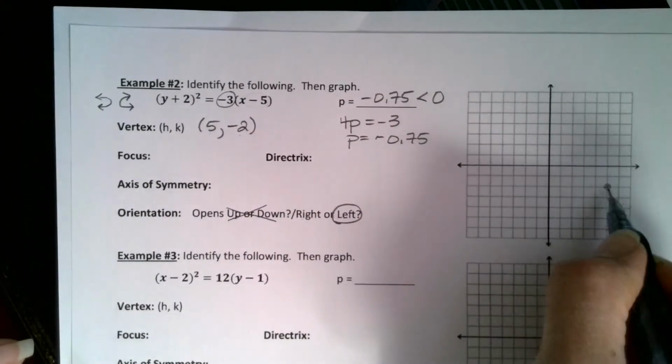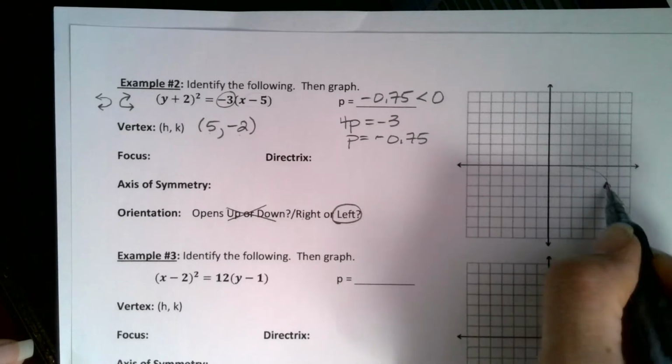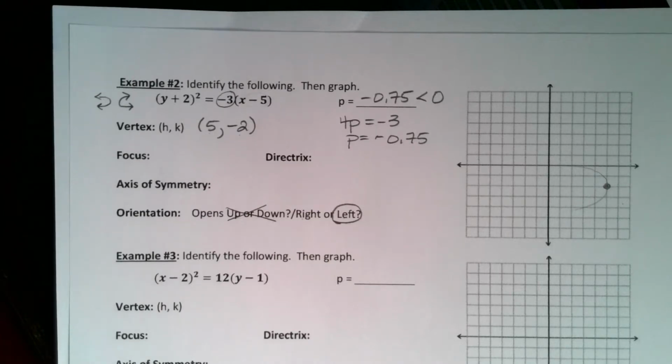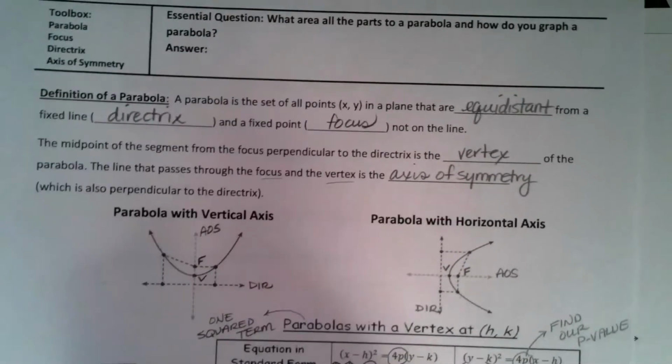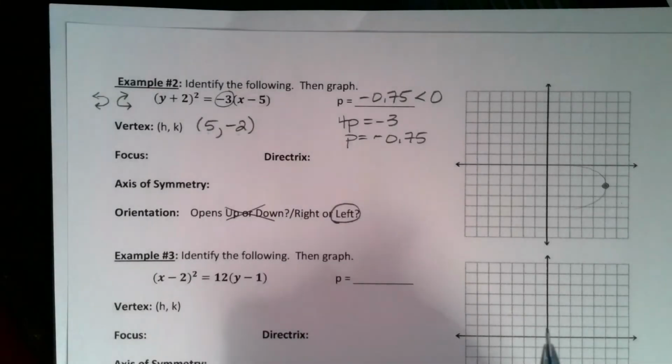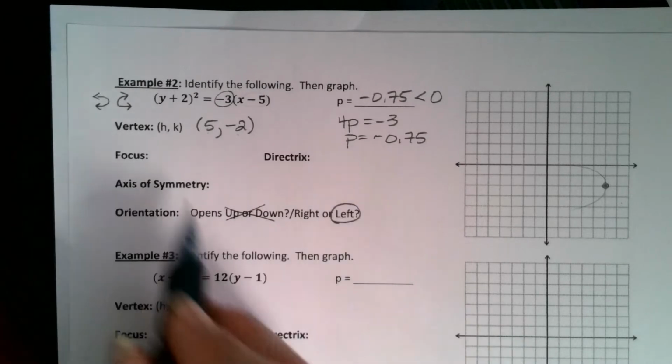And what I like to do is give myself a reminder that it's going to be pointing left to help me with my graphing. Now, the p-value, we said earlier today, let's go back to our picture here, that was the distance between the vertex and the focus, okay? So that's going to help us calculate where the focus is.